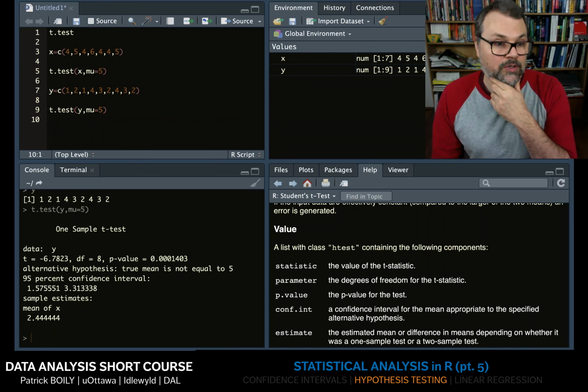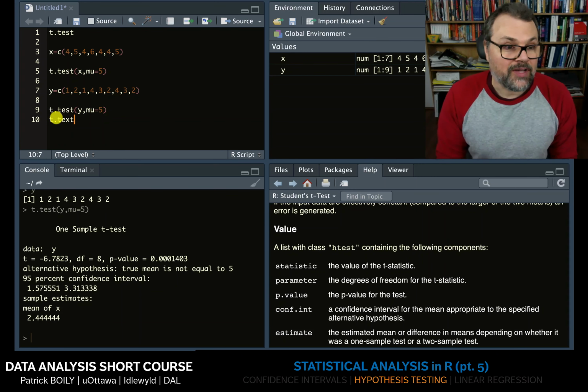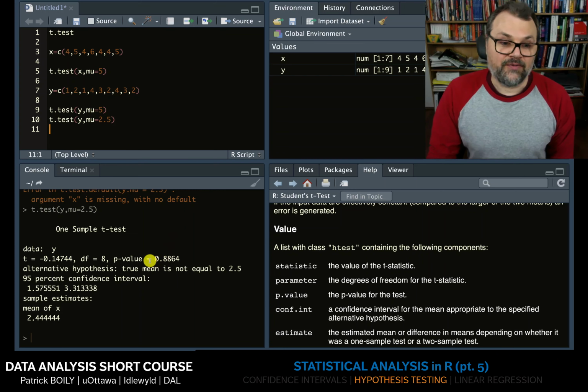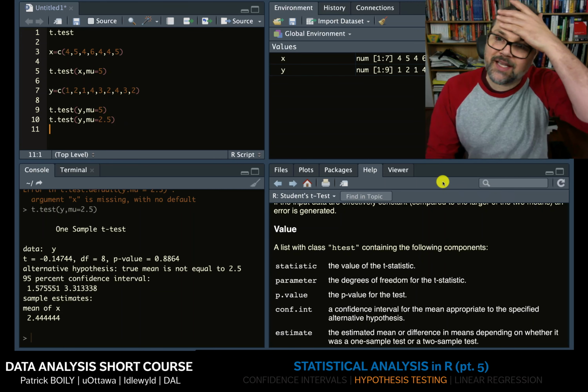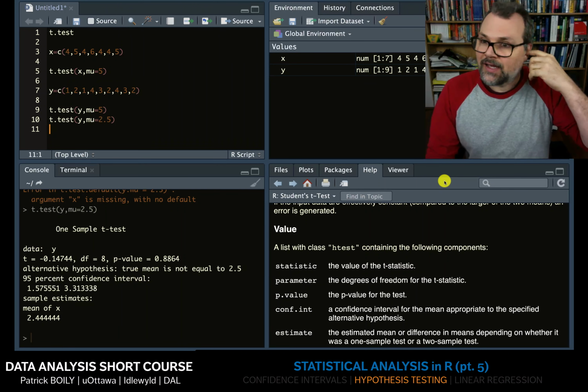Now you might be wondering, the sample mean is 2.4444 here. We have evidence that the true mean is not 5, but what would it say about the true mean being 2.5? Oh, now we get a gigantic p-value. There's not enough evidence to reject the null hypothesis that the true mean of this data set of 9 observations is 2.5.